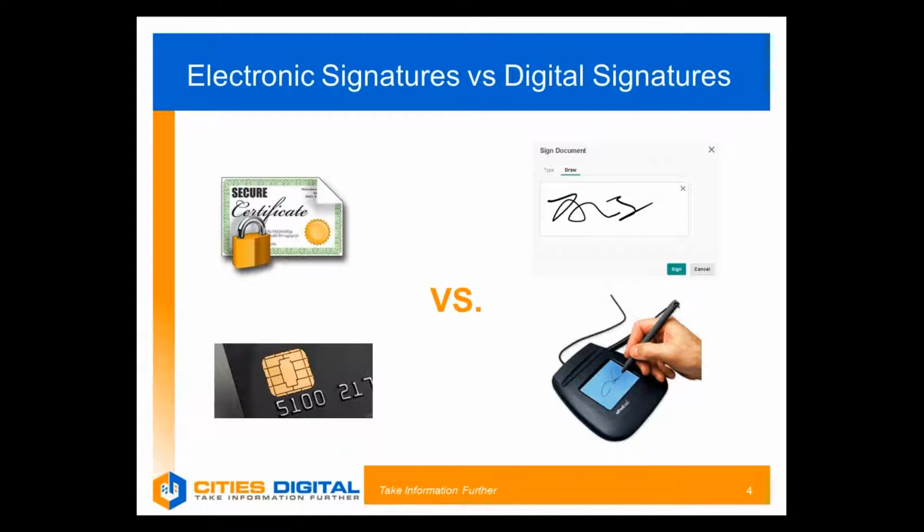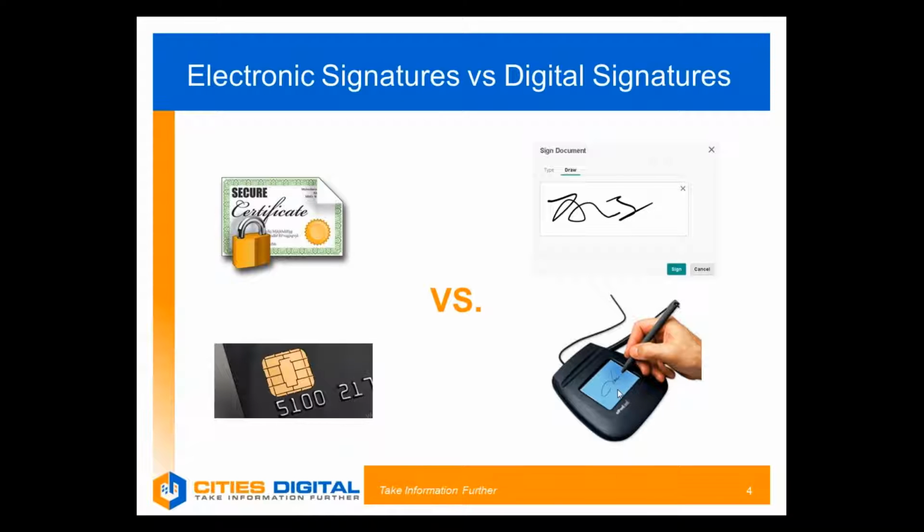So let me kind of reiterate based on what you said. It kind of sounds like if I'm at the supermarket and I've got the signing pad and I sign it there, there's the visual representation of my signature. That's an electronic signature. But when I take my credit card and I push it into the machine and I'm not signing it, I'm not doing that gesture that mimics the ink and paper, but that's a digital signature.